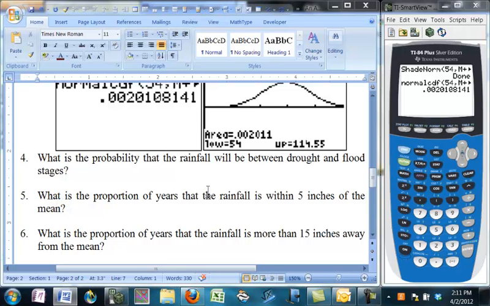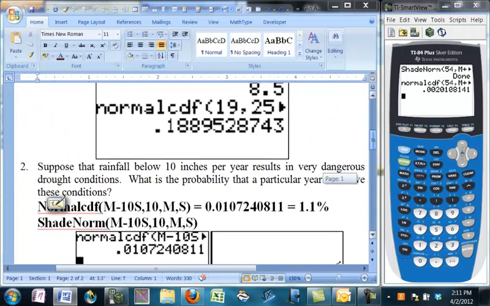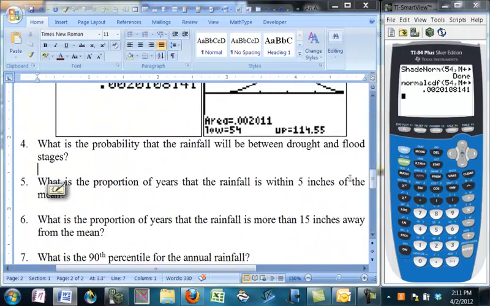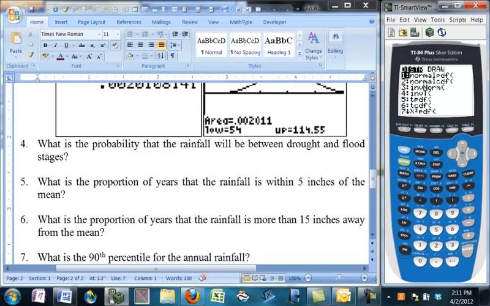What's the probability it would be between drought and flood stage? Okay, well, drought was 10 and below, and above 54 was flood. So we want it between 10 and 54. We can do that by, it's going to be almost all of it, but let's figure this out. Go to number 2, from 10 to 54, with our particular m and s.